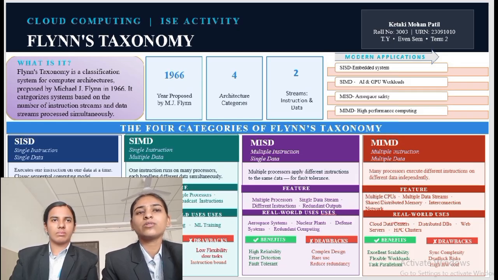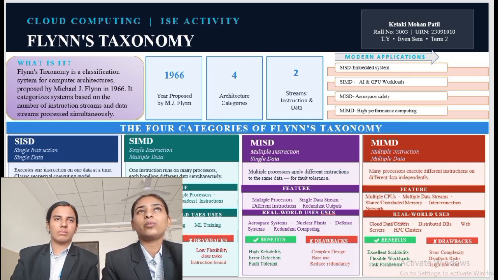Then the MISD, that is multiple instruction and single data. Here various instructions are executed on a single data atom, like the nuclear power control system, which is used for checking its safety. And MIMD, that is multiple instruction and multiple data. Here, as its name indicates, multiple instructions are executed on multiple data atoms.